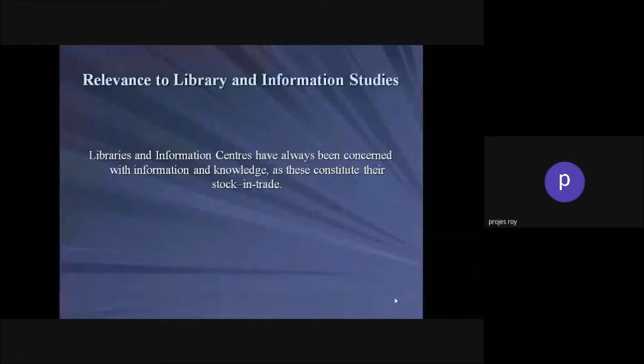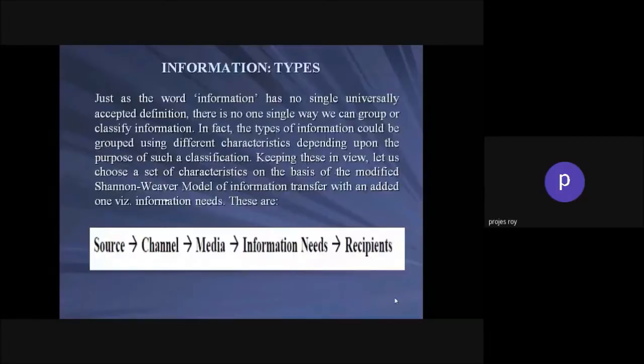Now, coming to another important aspect: information institutions. Information institutions have their own role. Just as the word information has no single universally accepted definition, there is no one single way we can group or classify information.